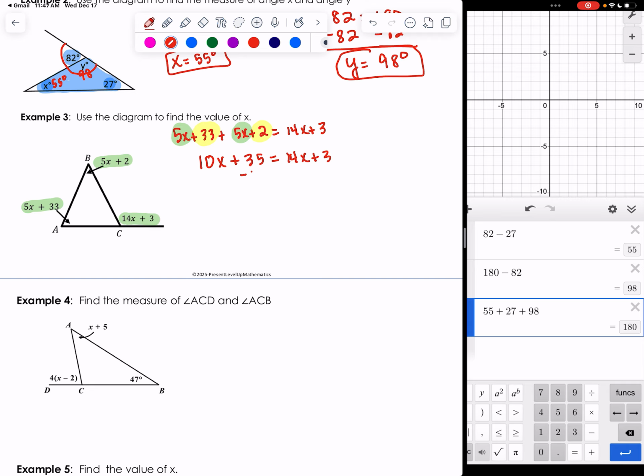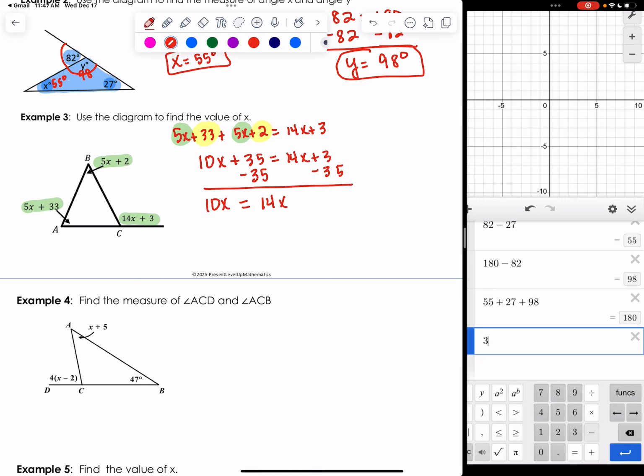I'm going to move all the constant terms to the right side. So I'll subtract 35. So 10x equals 14x, 3 minus 35 would be negative 32. Now I'm going to move the variables to the left.